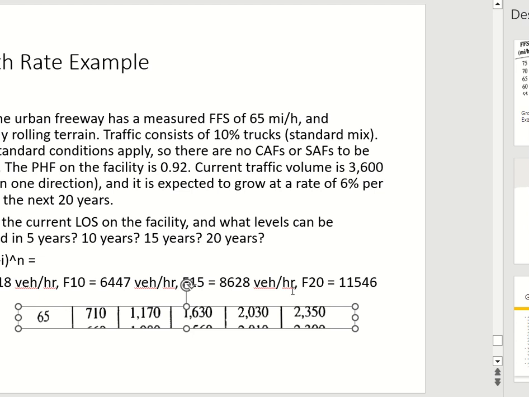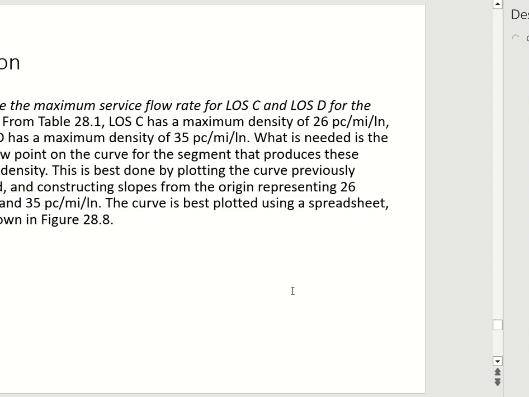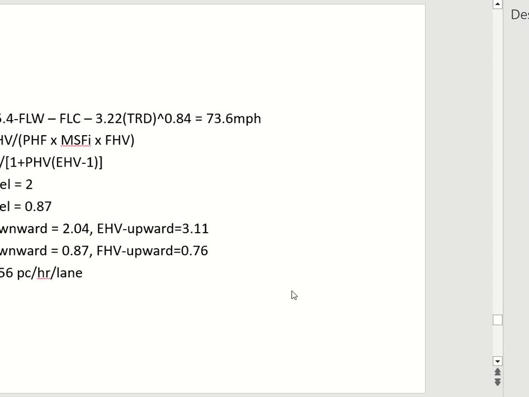Peak hour factor is given, number of lanes is given. FHV, I'll just calculate. We already know that FHV equals this.